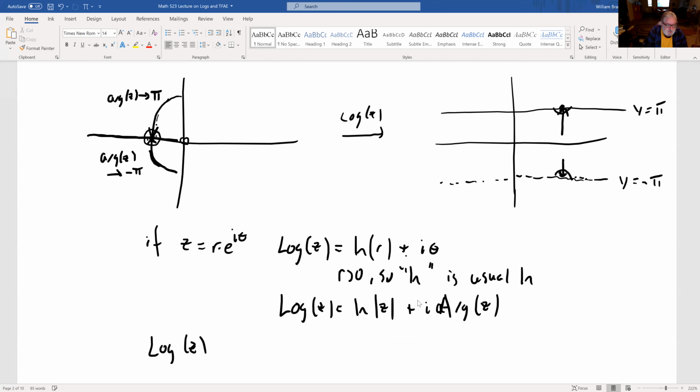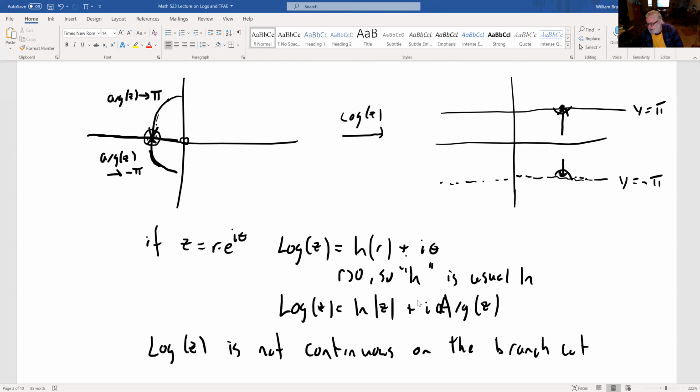Log of z is not continuous on the branch cut. And so that's the basic mapping properties of log of z, and one of the problems with log of z. And we'll see that in a couple of different contexts that 0 is a problem.